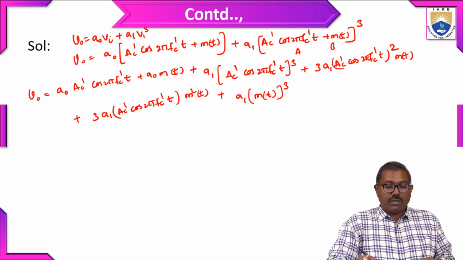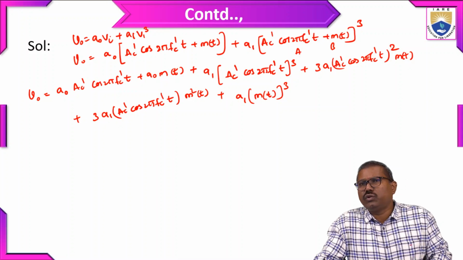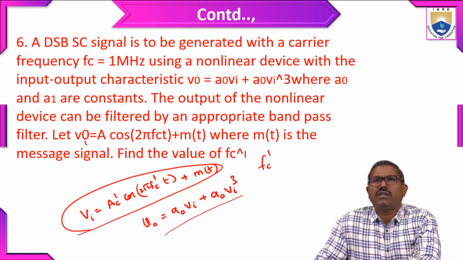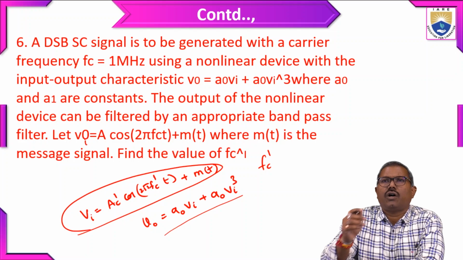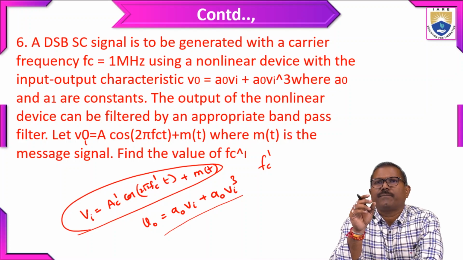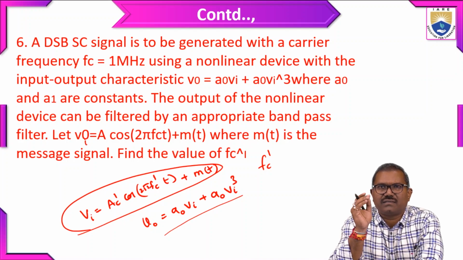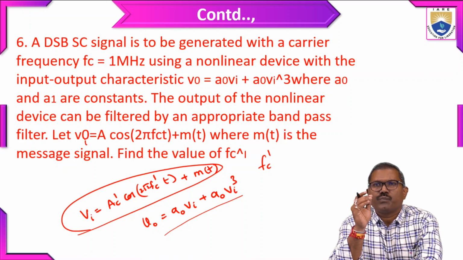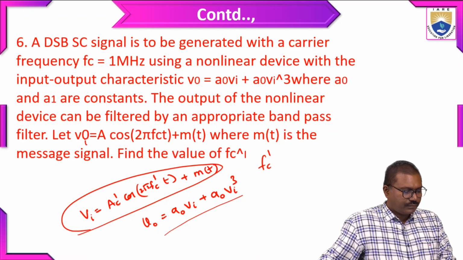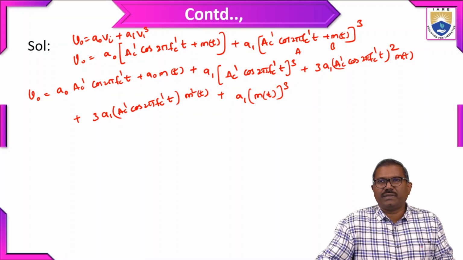Now this total signal is passing through a non-linear device. Here the output. So that means we are going to pass the signal through a band pass filter. The band pass filter is going to reject unwanted signals. Here unwanted means higher frequency signals coming.